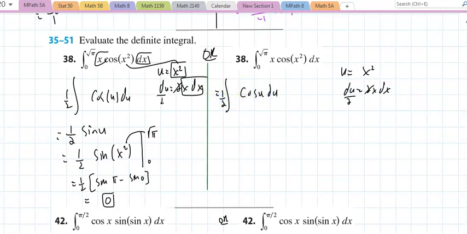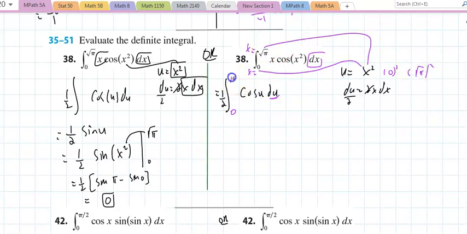But now, instead of going back to x, I'm going to take 0 and plug that in. And that's going to make that u equal. So if I put 0 and I square it, that's 0. And if I put radical pi in there, radical pi squared turns out to be pi.